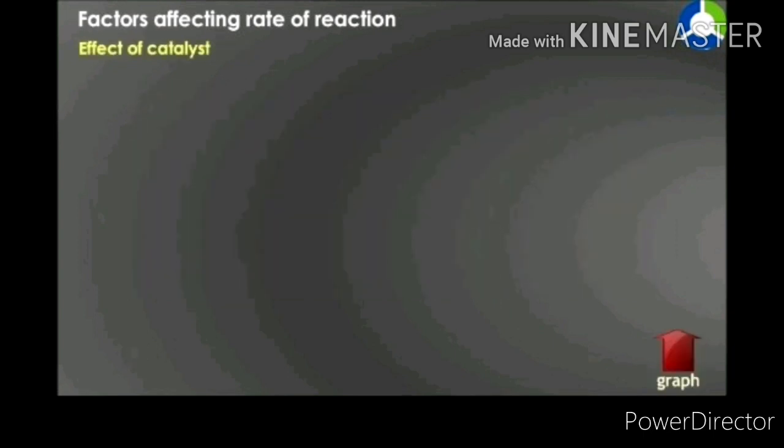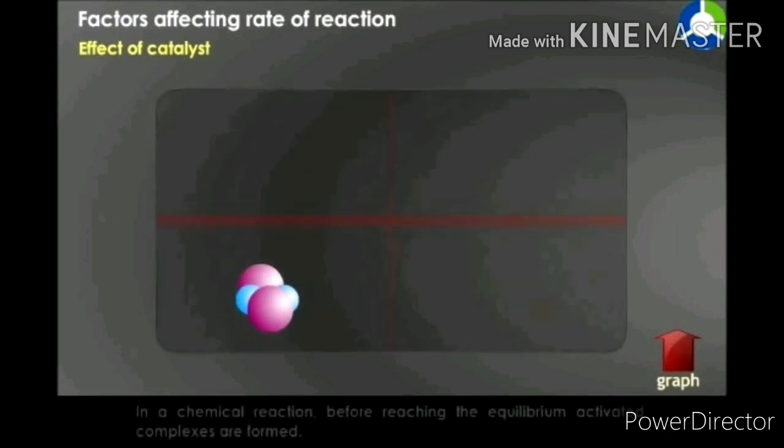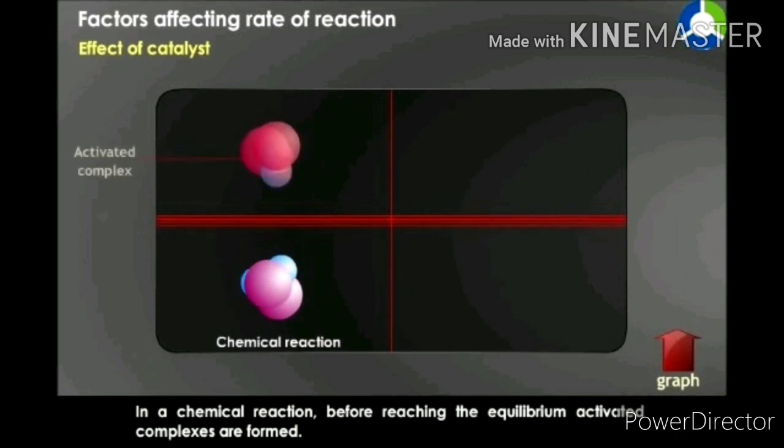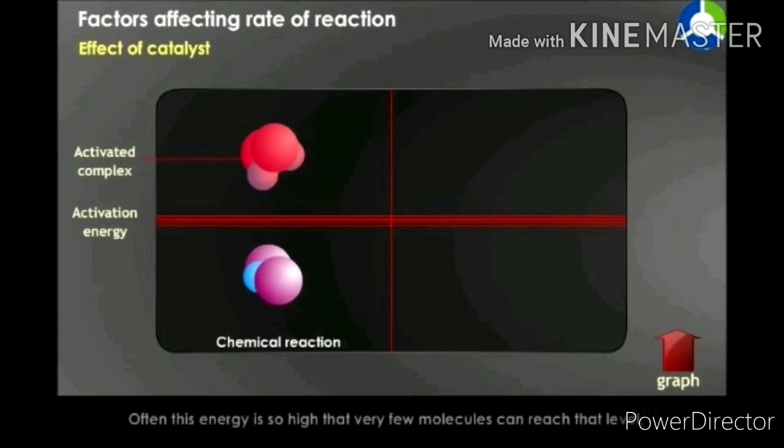Effect of catalyst. A substance that alters the rate of a reaction without itself undergoing permanent change is called a catalyst. In a chemical reaction, before reaching the equilibrium, activated complexes are formed. The molecules should have a certain minimum amount of energy called activation energy to form the activated complex.